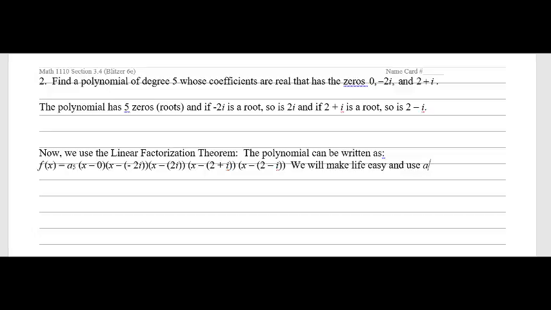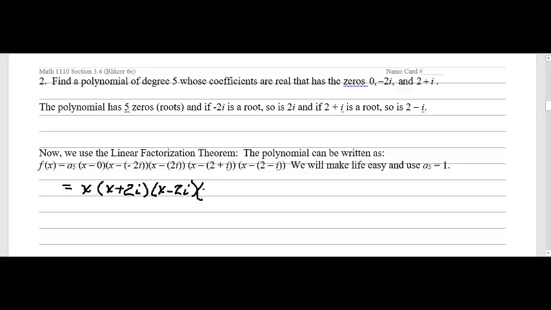We're going to make our life easy. a5 can actually be any non-zero real number. So we're going to make the easiest choice, since we were just asked to find a polynomial that has these zeros. We're going to let a5 equal 1.